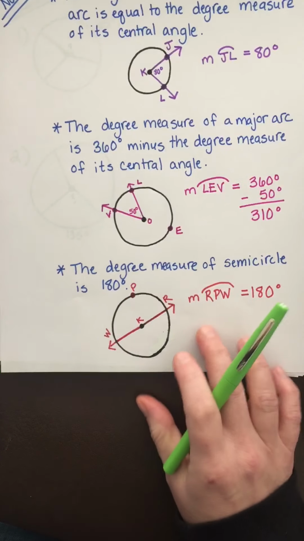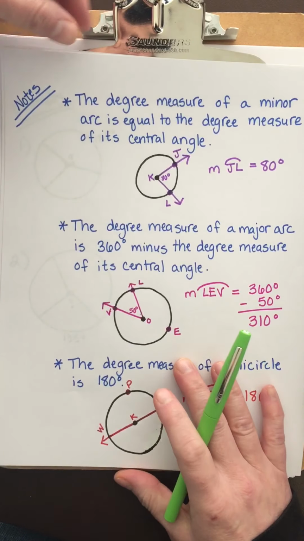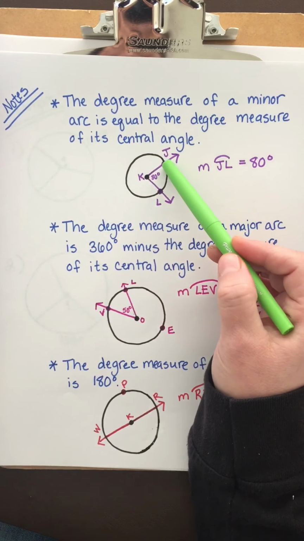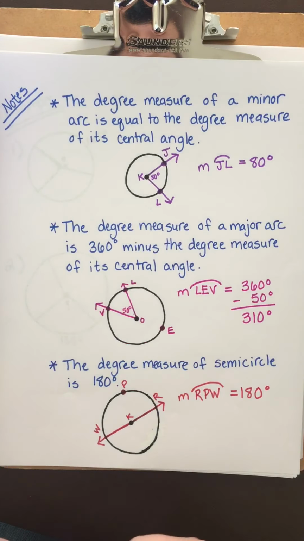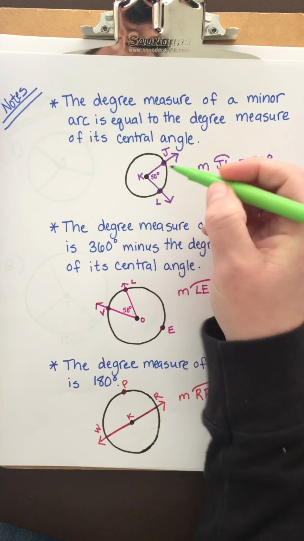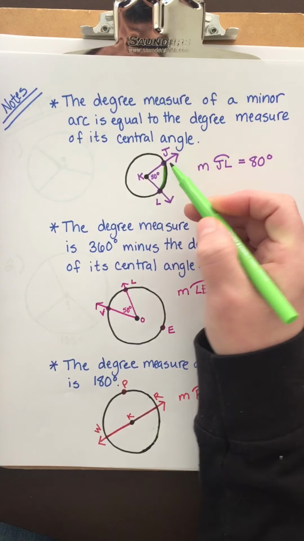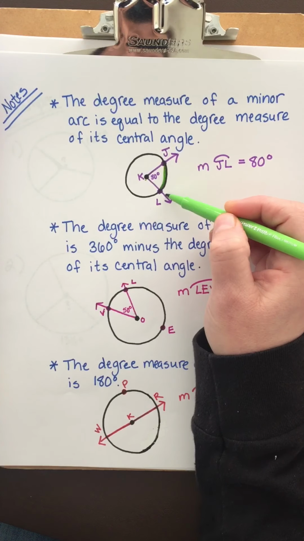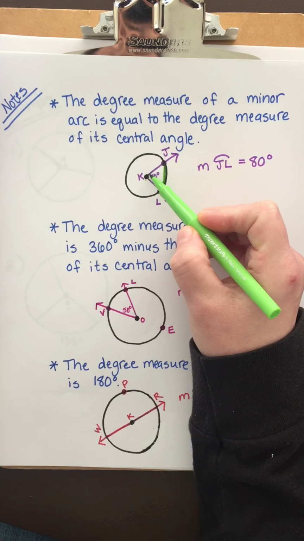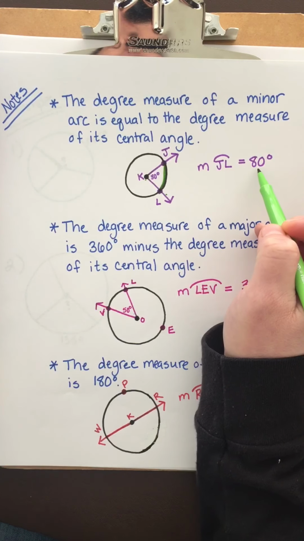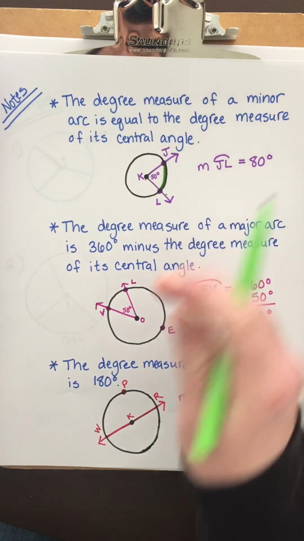A few little notes to go with this. This is really easy. So, the degree measure of a minor arc is equal to the degree measure of its central angle. So, here we have a minor arc formed by central angle JKL, and since the measure of this angle is 80 degrees, then the measure of this arc is also 80 degrees.